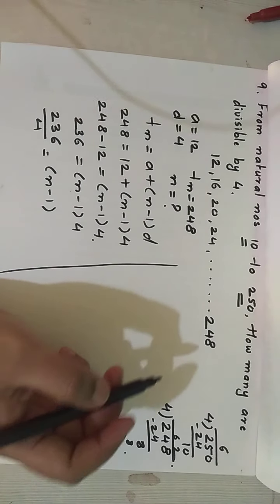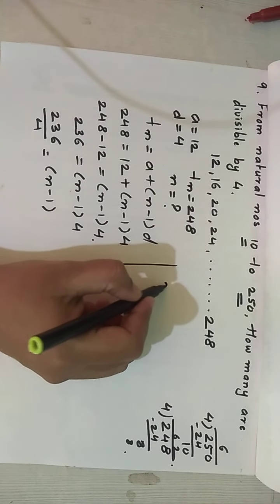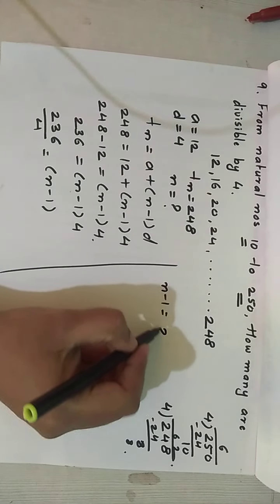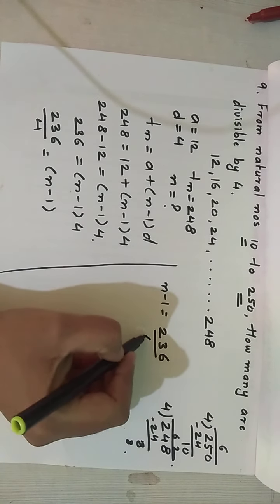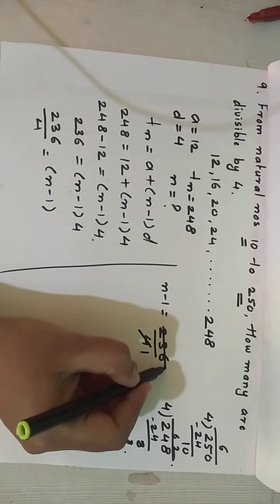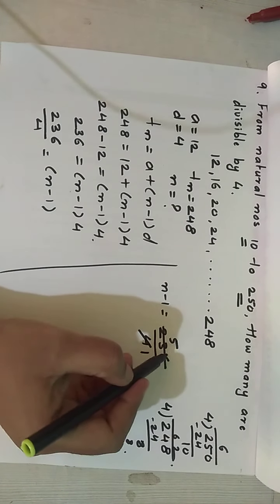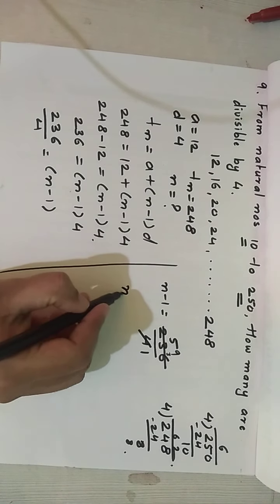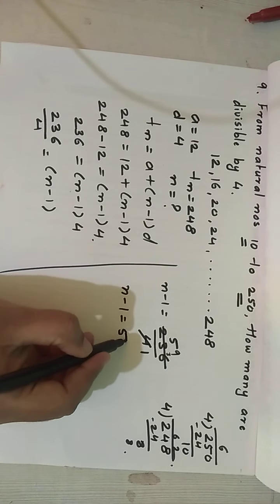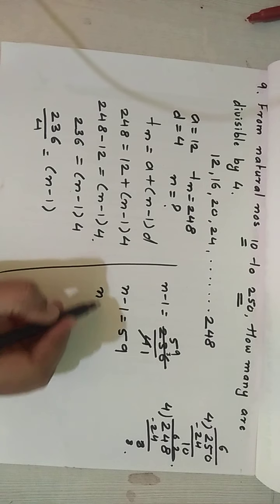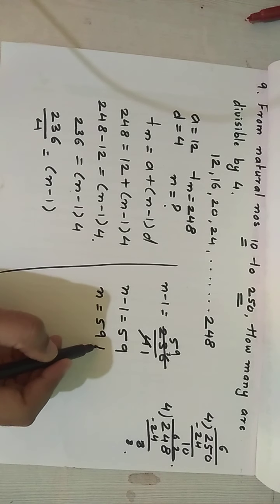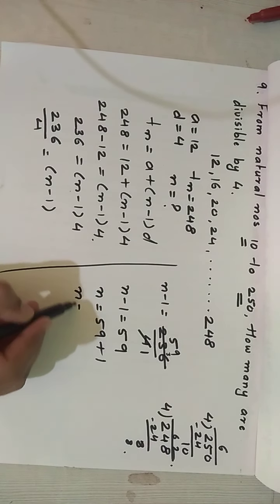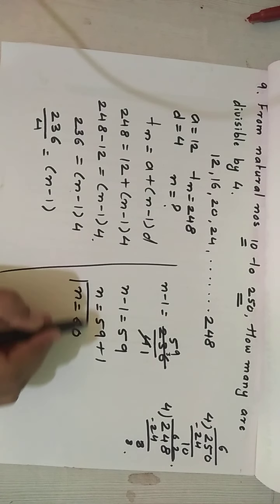So 236 divided by 4. 4 ones are 4. 4 5s are 20. 3 carry. 4 9s are 36. So n minus 1 is 59. n will be 59 plus 1. n will be 60.